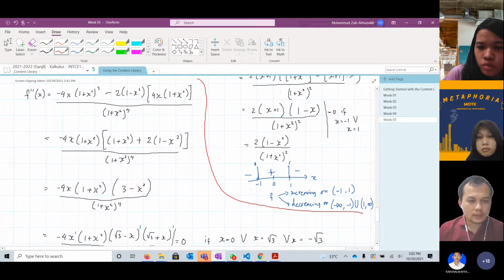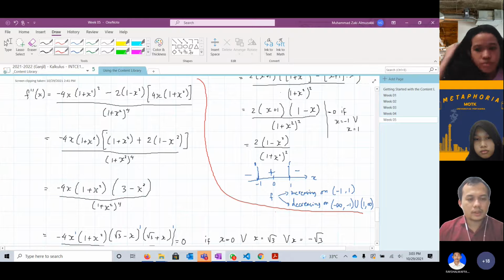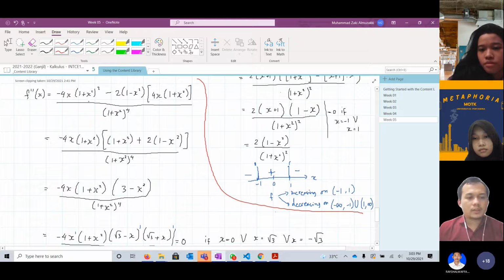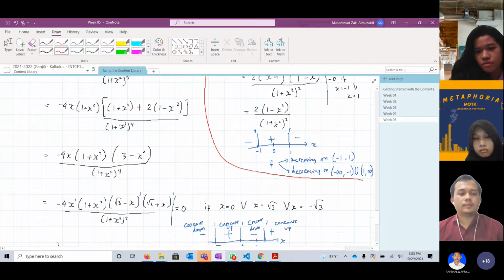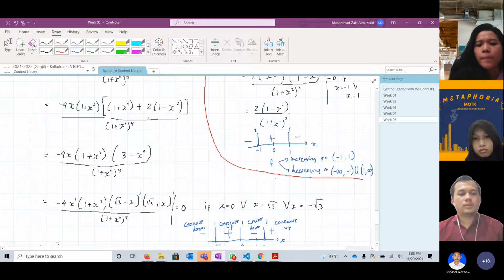And then when I collect it, we take out minus 4x, and then 1 plus x squared, then we have 1 plus x squared plus 2 times, yeah, this should be correct, I think. So 1 plus 2 is 3. Yeah, this should be correct.